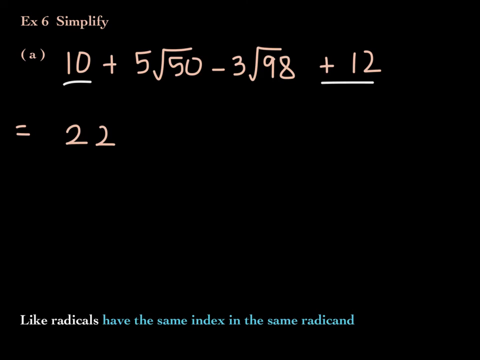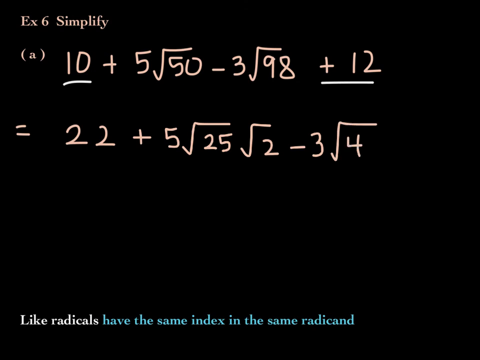All right, so let's check this out. I'm going to rewrite 50 as 25 times 2. I'm going to rewrite 98 as 49 times 2. Remember, you want to rewrite 50 as a product of two factors where one of them is a perfect square. 25 times 2 will work. 98, rewrite it as a product of two factors where one of them is a perfect square. 49 times 2 will work.